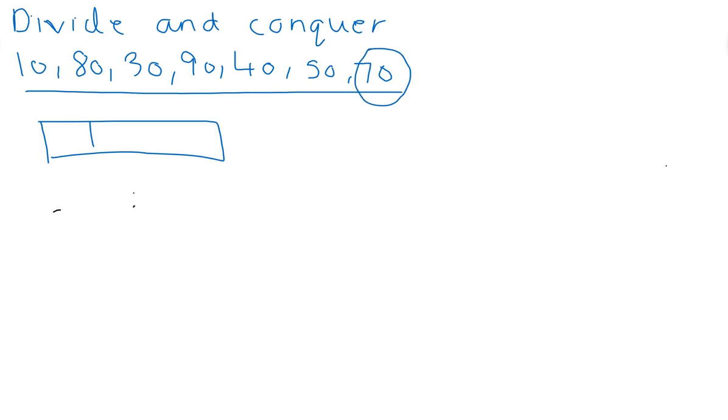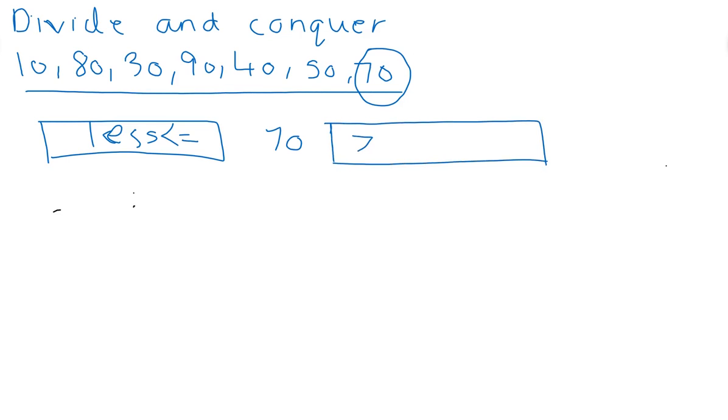So for example, if I'm choosing 70, the last element, as my pivot element, then all elements less than or equal to 70 will be on the left side of 70, and all elements that are greater than 70 will be on the right side. So this is the first step. This is called the partition step.